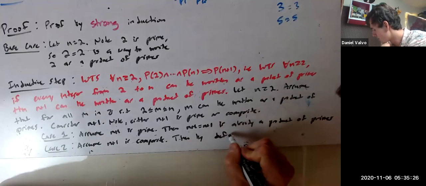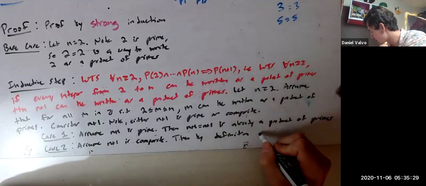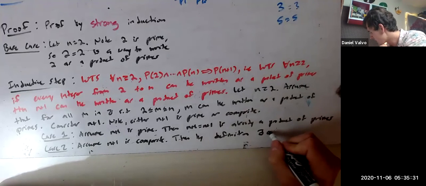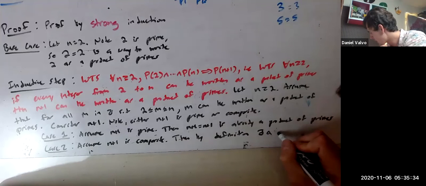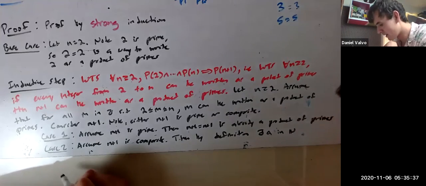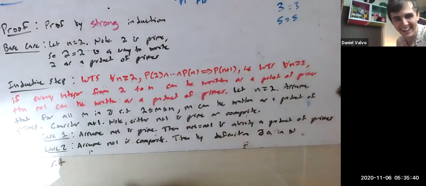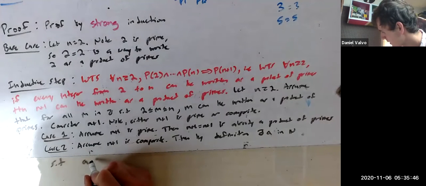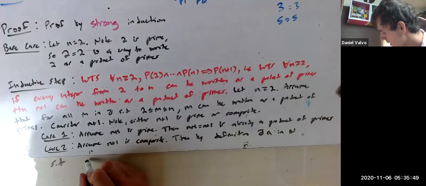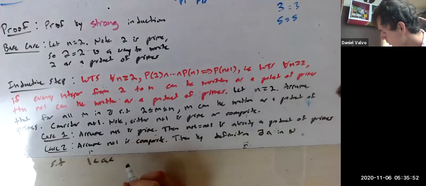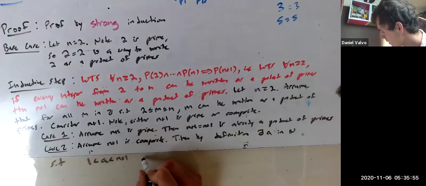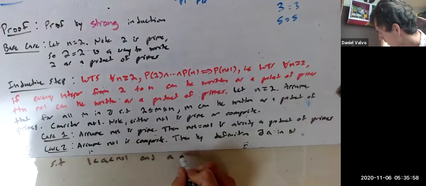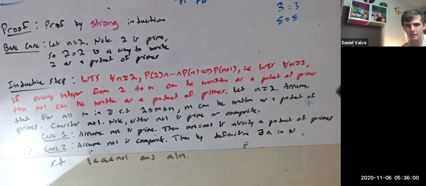And by definition of composite, there exists some a in N such that 1 is less than a, which is less than n+1, and a divides n+1.